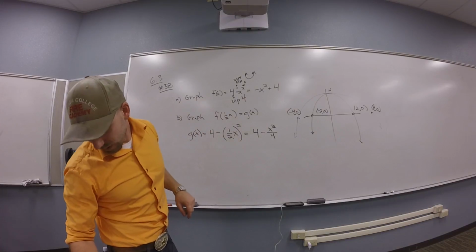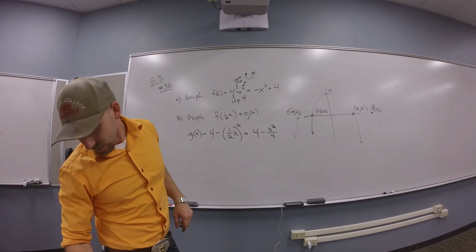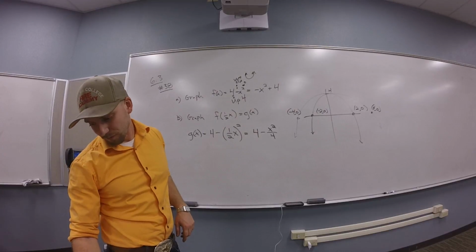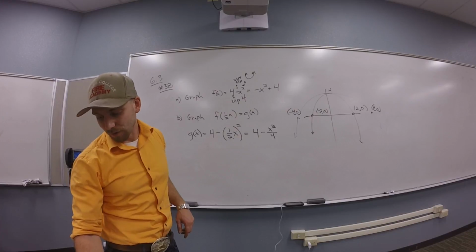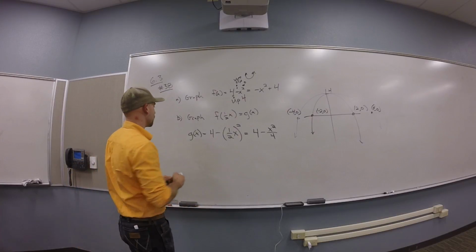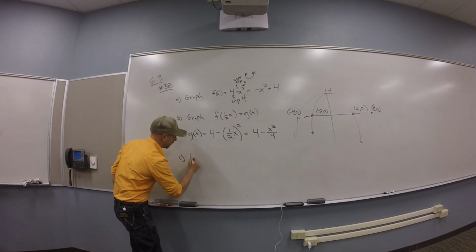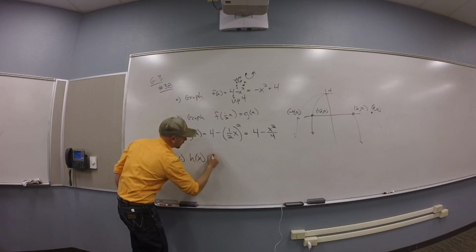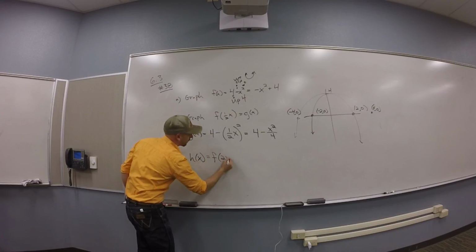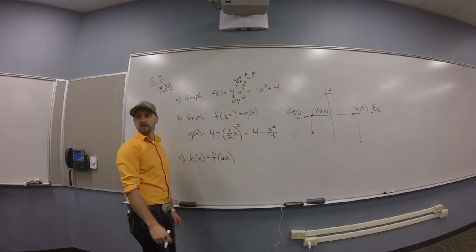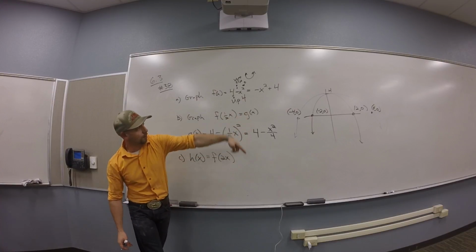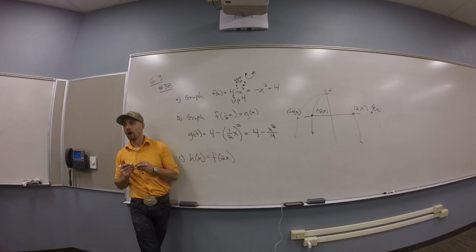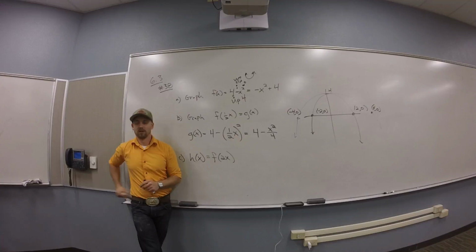Okay, what are they asking in C? So graph and find a formula for h, where h of x is f of 2x, and where are the zeros for h? So h of x is going to be f of 2x. So this is going to be my original black parabola compressed by a factor of 2.